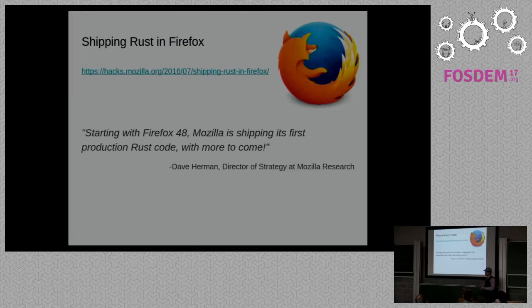As of last year, Firefox 48 was the first release of Firefox that actually ships with production Rust code. The piece of code they extracted to rewrite in Rust was the media player. So the media player is written using Rust, and they're able to sandbox it with these safety guarantees. And they have to actually make Windows work because they're shipping it with the browser.